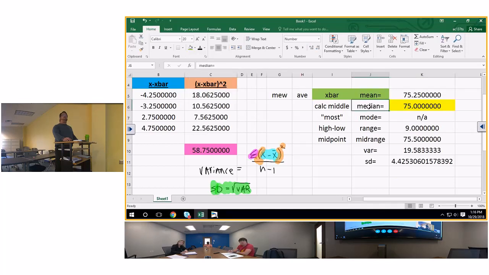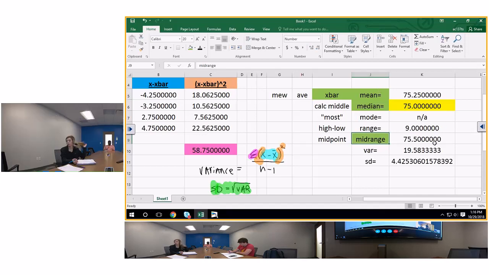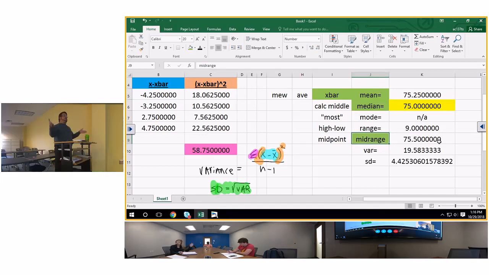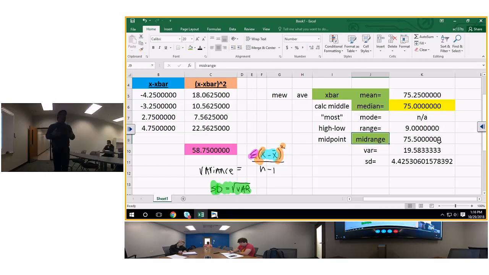Mean, median, and mid-range. Why are we highlighting those? Because they're close. And they're also depictions of the what? Middle. Middle or center. They're the definition of the center, and if they're really close with each other, they tell you that the data is good data. There's no outliers. There's nothing to skew anything.